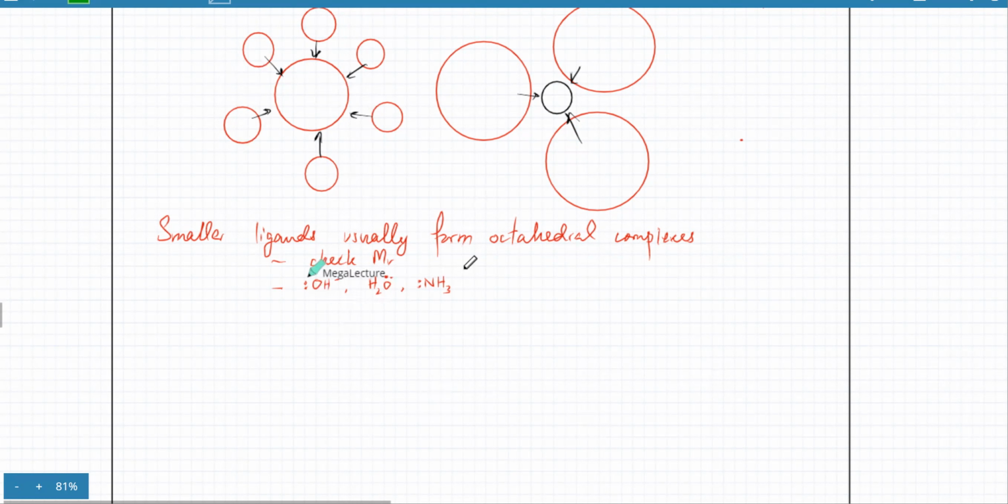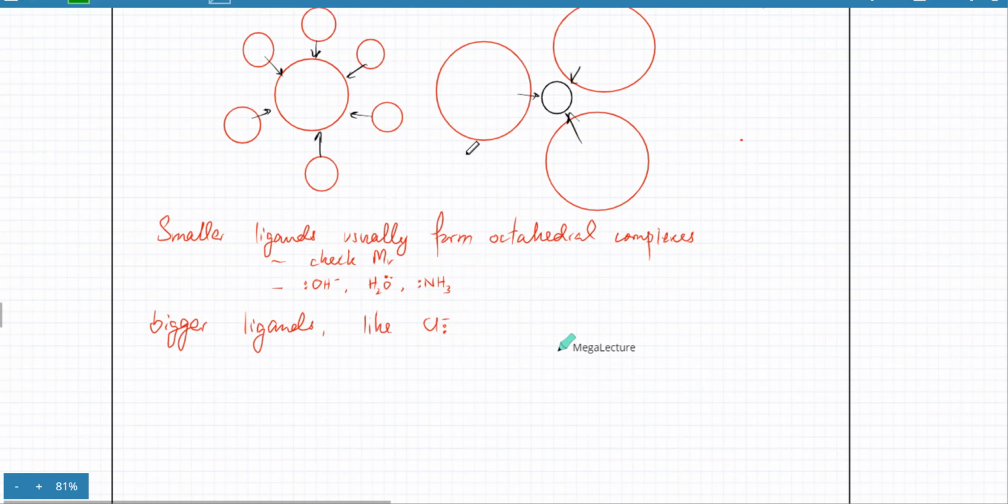But on the other hand, if you have a bigger ligand, now bigger ligands like Cl minus. So Cl minus is a bigger ligand. Check the Ar of Cl. The Ar of Cl is 35.5, 35 or 37. So it has more shells. So it's a much bigger ion because Cl has 17 electrons, so that it has 3 shells.